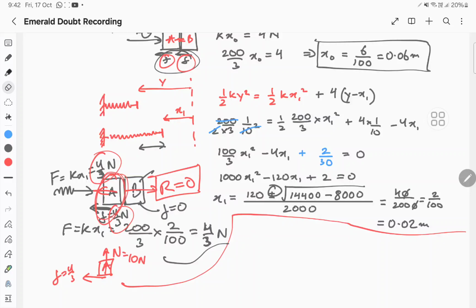So an easy way to check would be the spring energy when the bodies have come back to the unstretched position. The spring energy would have gone from half k 0.1 squared to 0. This would have been the change in the spring energy.